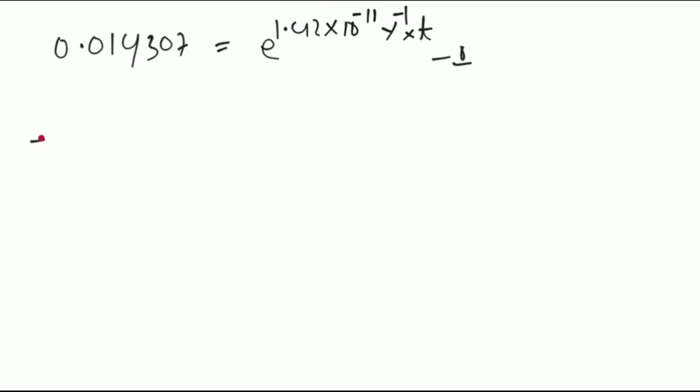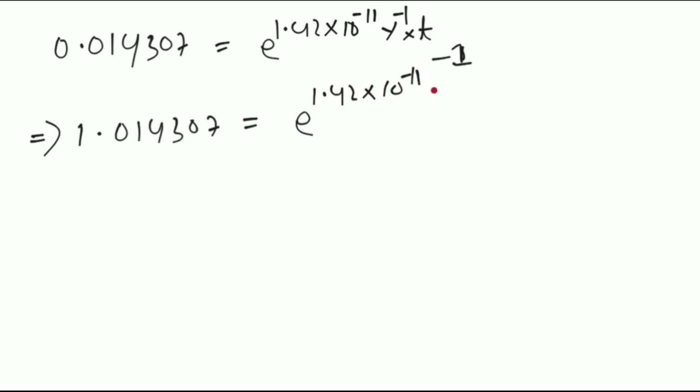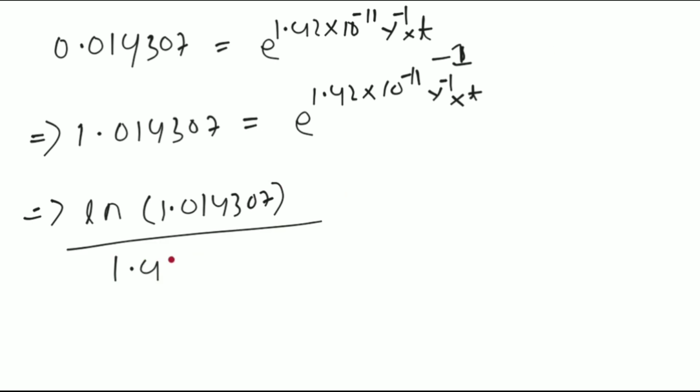So this is the equation. It will be 1.014307 equals e to the power 1.42 into 10 to the power minus 11 year inverse into t. So you will change the side, it will become ln 1.014307 divided by 1.42 into 10 to the power minus 11 year inverse will be t.